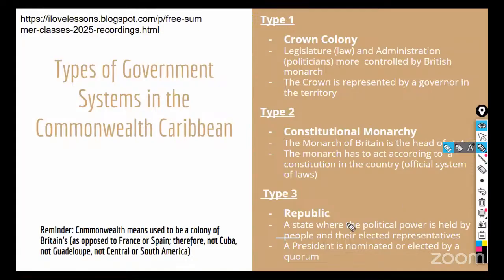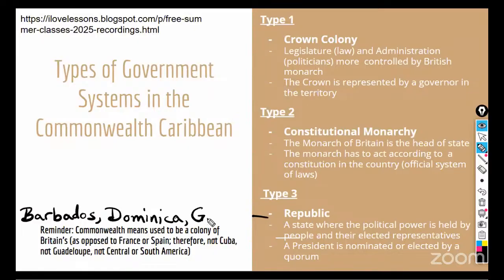Who's the Republic? So republics in the Caribbean are Barbados. I think Barbados is the most recent. Dominica, not the Dominican Republic, which is next to Haiti, but Dominica, the island.